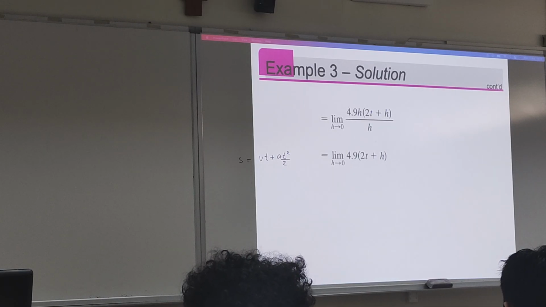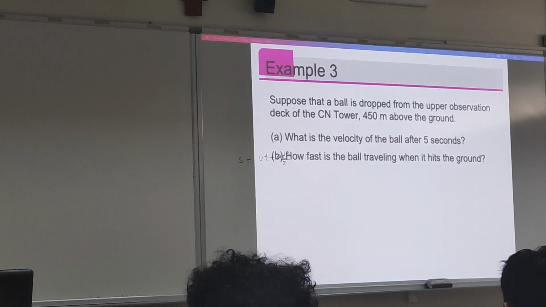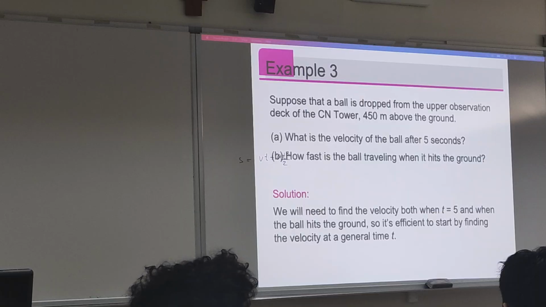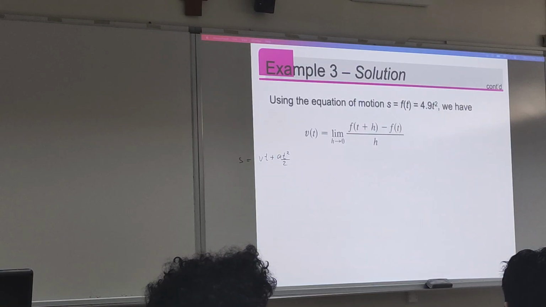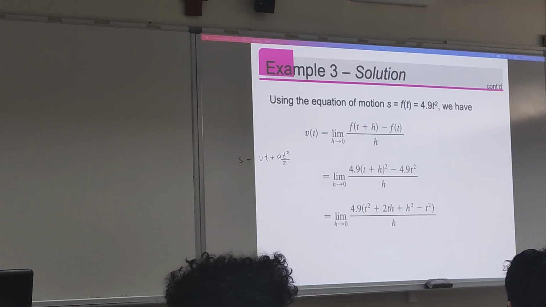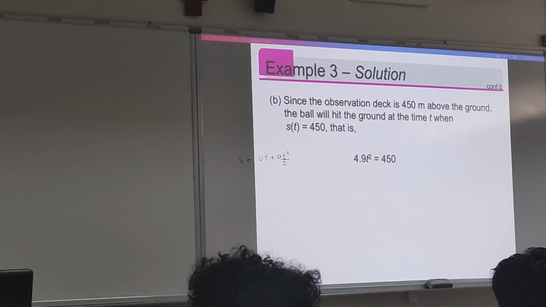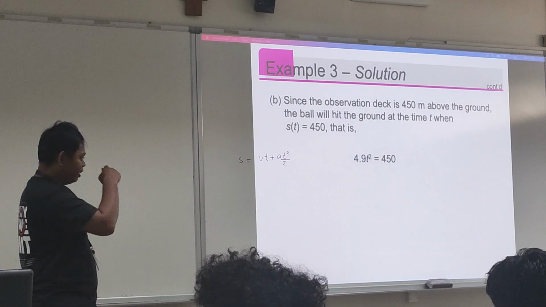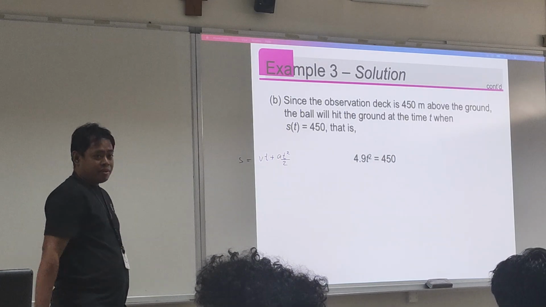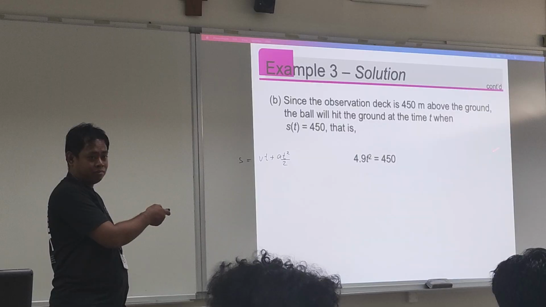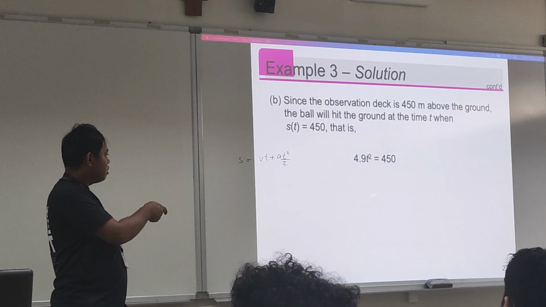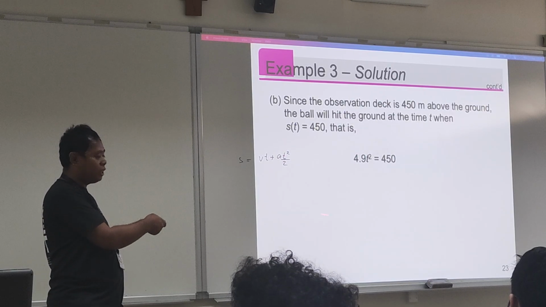Now for the second question. How fast is the ball going when it hits the ground? So we are going to find, as of s of t equal to 450, this is the height of the building, right? So your s of t is given by 4.9 t squared.